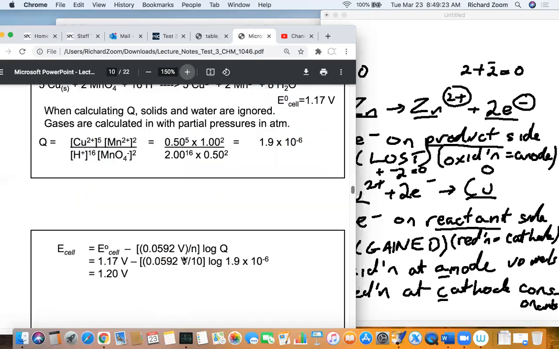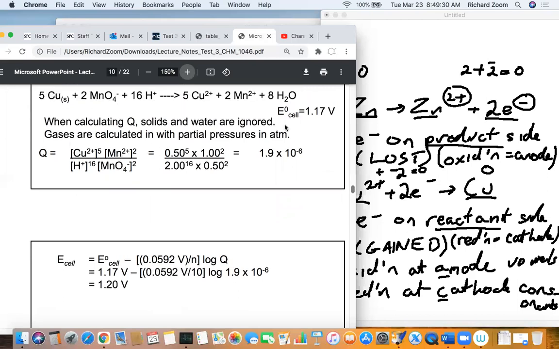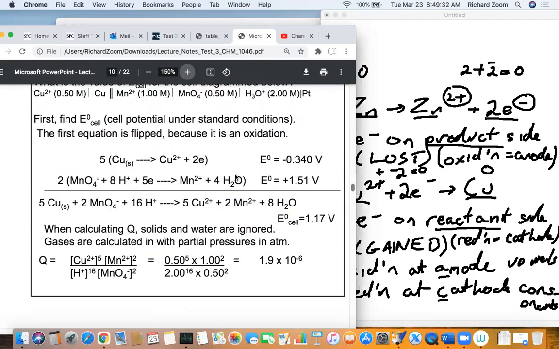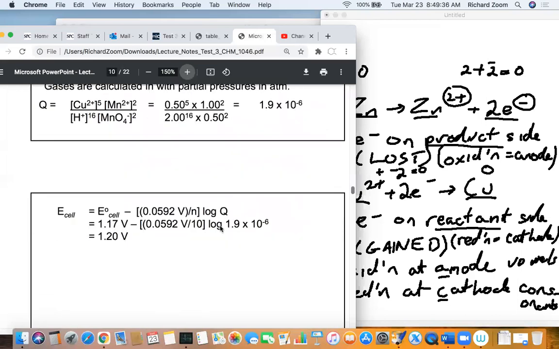So that's the n value there. The Q value is what we calculated up here based on the entire reaction, plugging in the concentration values that were in the initial question, and that becomes the log Q part.